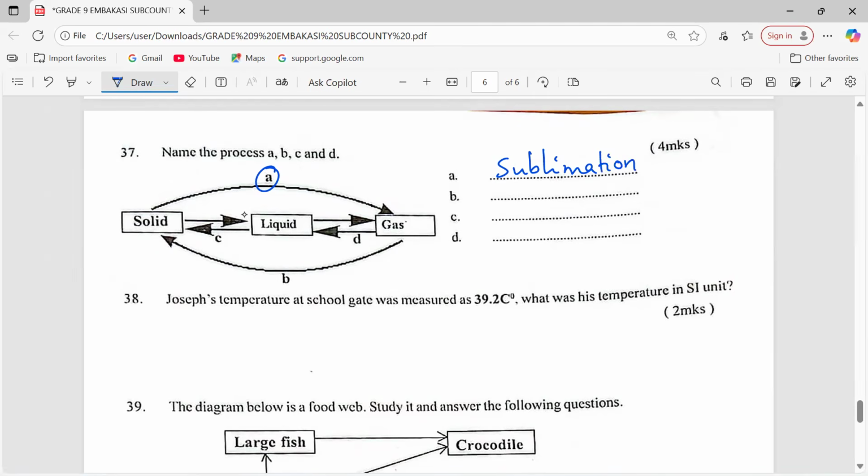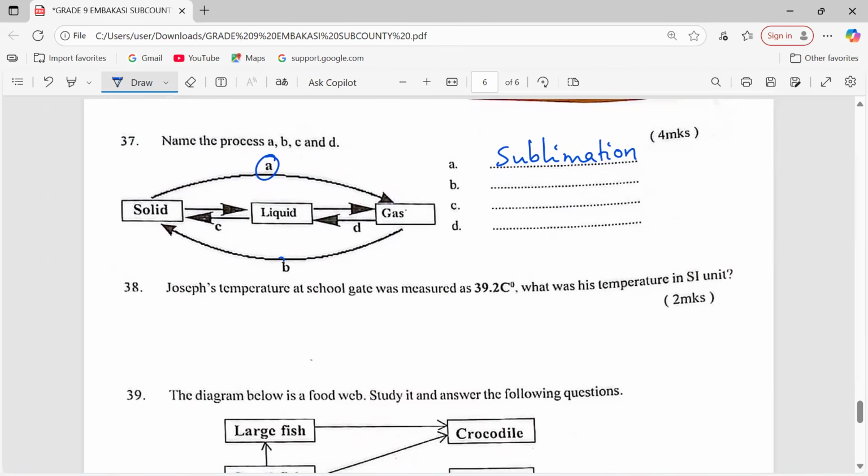We have substances that sublime, like benzoic acid, iodine, etc. Then the reverse of that, whereby a gas directly becomes a solid upon cooling without joining the liquid state, is called deposition.